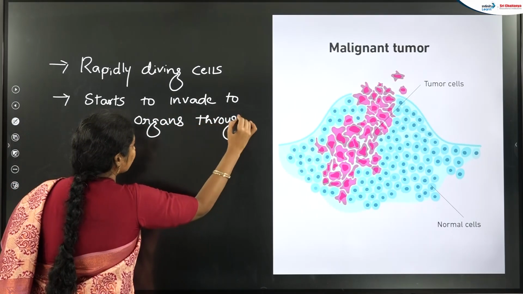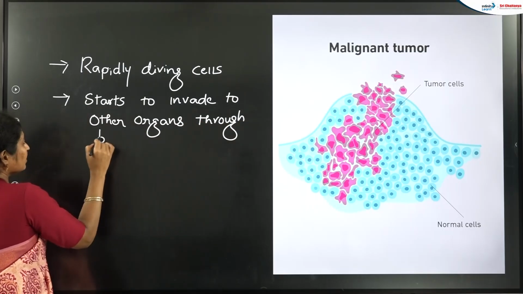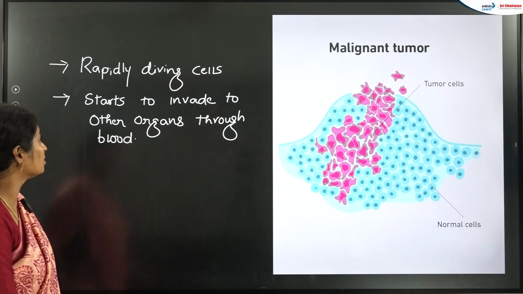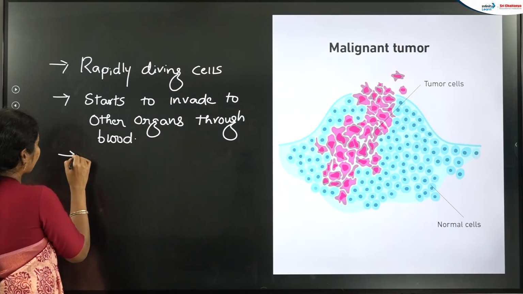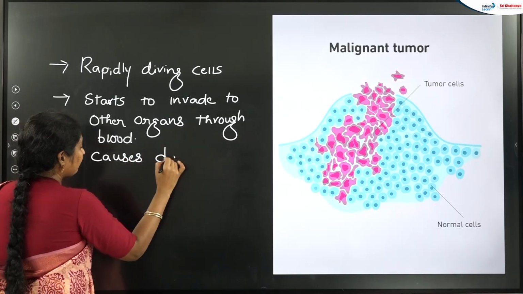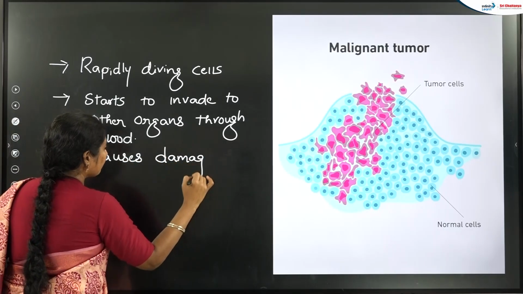They start to migrate from one region to another, whether nearby or distant. It causes damage to the organ or to the tissue.